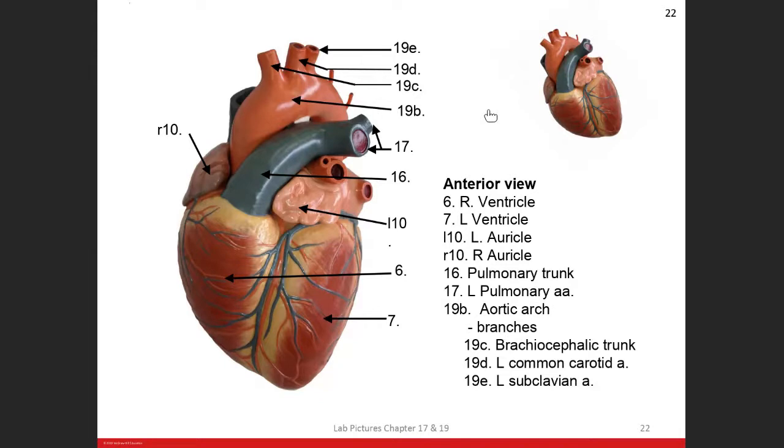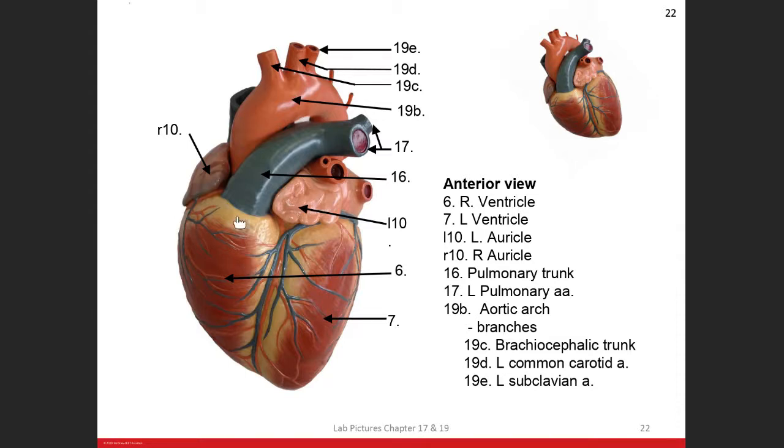This is the anterior view, what I just described for you. Now this is rotated a little bit more than it would appear in the body. If you wanted to see how it really looks in the body, we would rotate it to our right a little bit more. But let me just go through here.